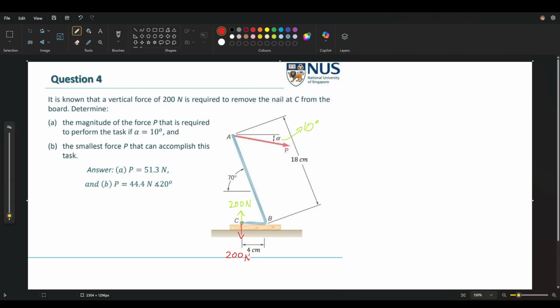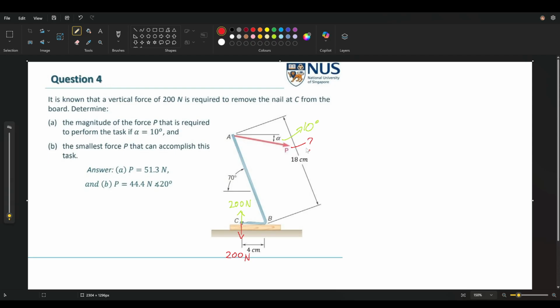So, in order to remove the nail, I know I need 200 Newtons. At first glance at this question, we know that we require moments to solve for part A, which is to find P. So for moments, we know that we need to have a pivoting point.